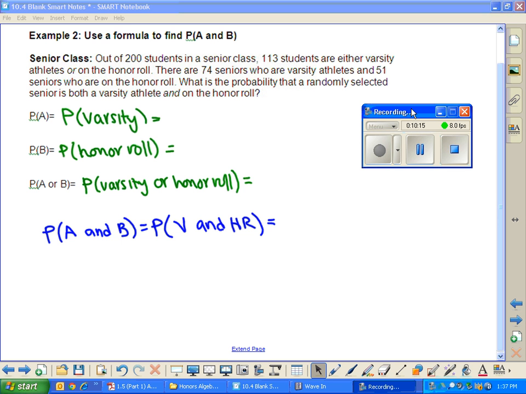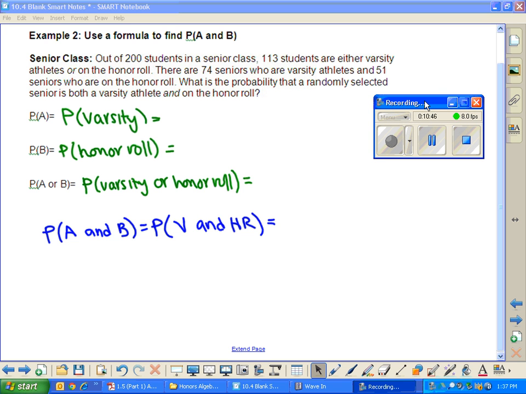And we're trying to find the overlap. The overlap is what we're looking for. What you're seeing is you see that there is an overlap, but they don't take that into consideration in the 113. 113 is just if they're a varsity athlete or they're on the honor roll, and we're going to look for that overlap that you're talking about. Good question.